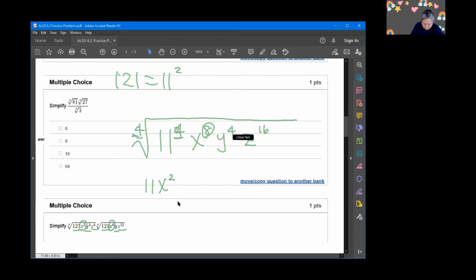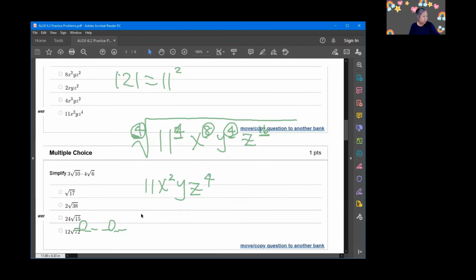And then y will be just y because 4 over 4 is 1, right? And then z can come out as z to the 4, because 16 over 4 is 4. Okay, then which one was the answer? Okay, right here. This is the answer.